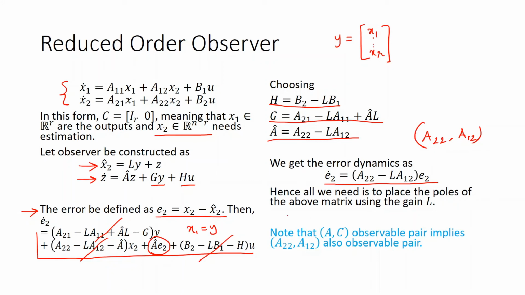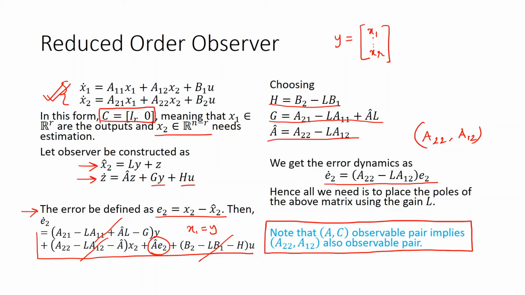It can be noted, and this is a statement coming without a proof, that if you have your A, C as an observable pair, then for a system of this particular form, where the output is a set of states, that is, you have this form of C, and you break the system into x1 and x2, you will get these matrices A11, A12, A21, A22.